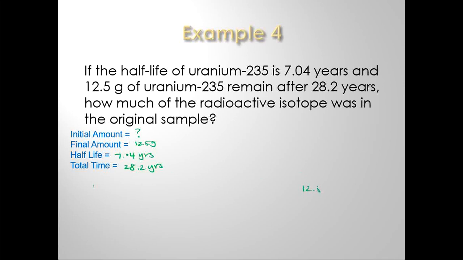We're going to begin with our final amount at 12.5 grams, and we're going to work our way up to our original amount. So first, to make our lives easier, let's go ahead and figure out how many half-lives this went through. So 28.2 years divided by 7.04 years, we have 4 half-lives.